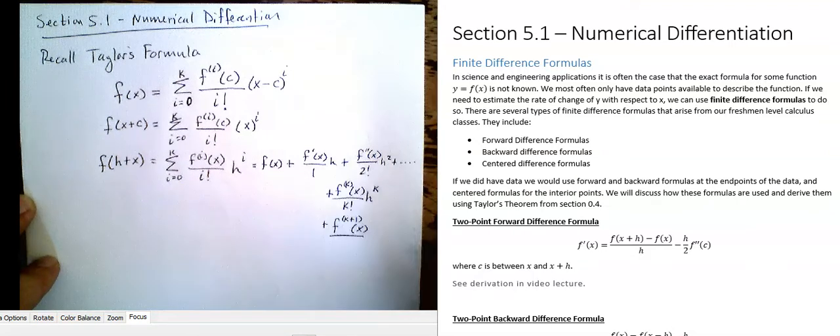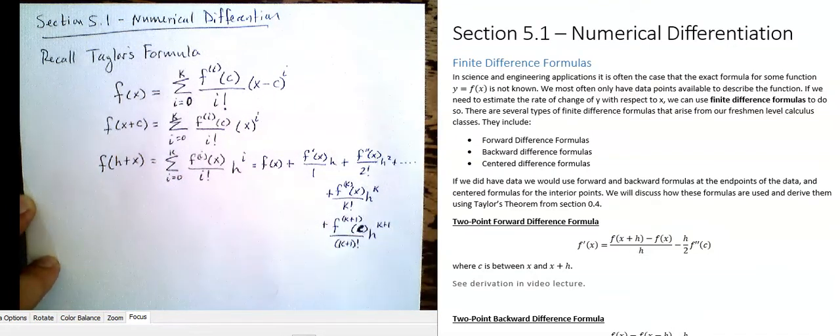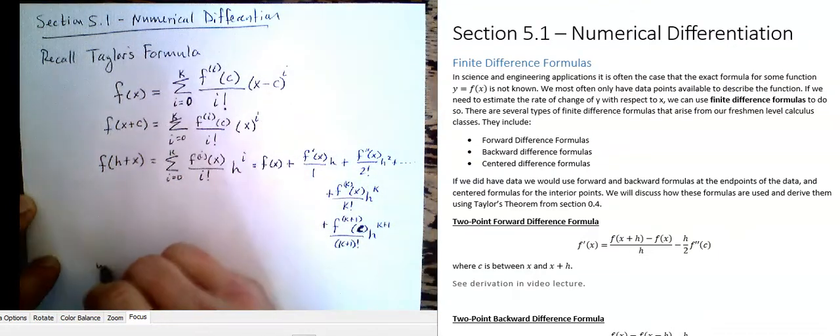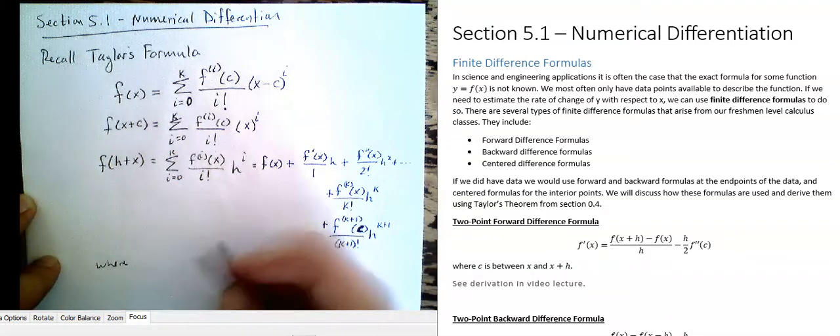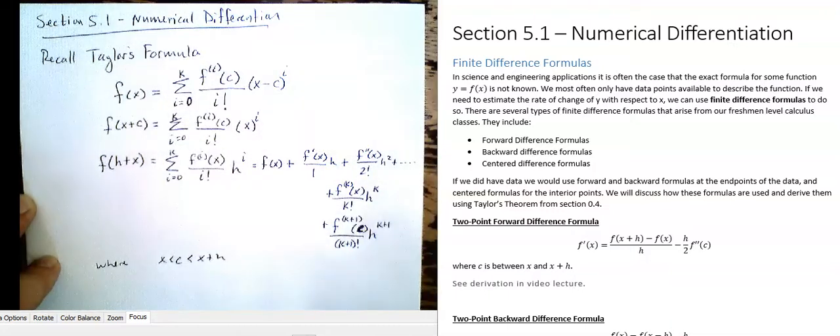So the derivative there over k plus 1 factorial, h to the k plus 1. And actually we can say that this is at c. Let's call that c, and c is between x and x plus h.